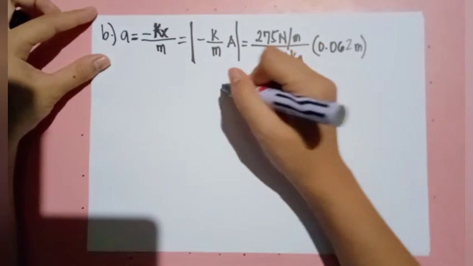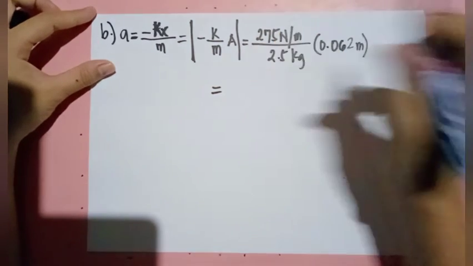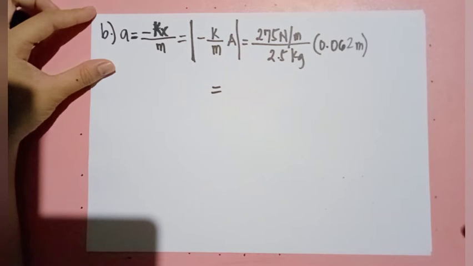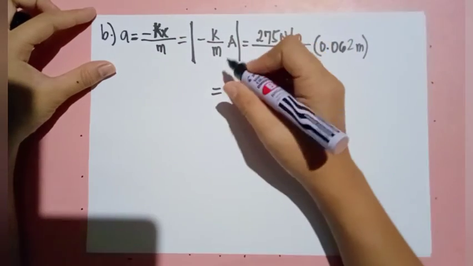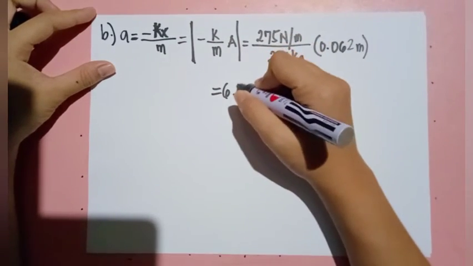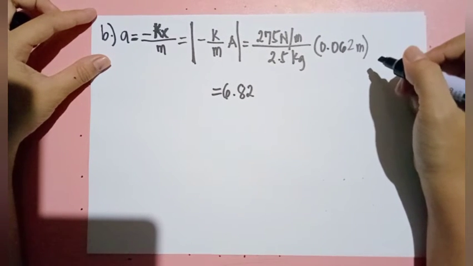That is 275 divided by 2.5. We get 110 times 0.062. That is 6.82. What happens to the unit?